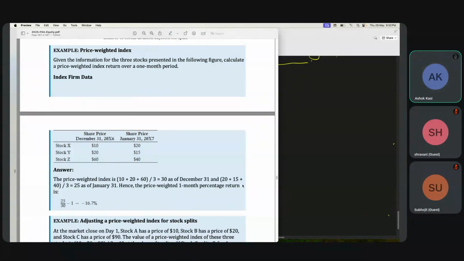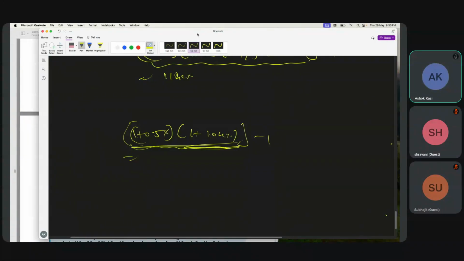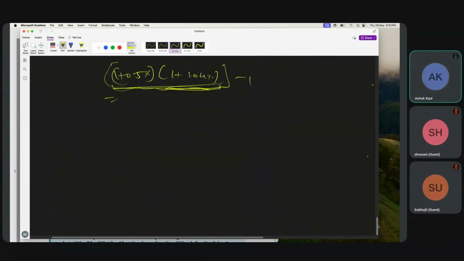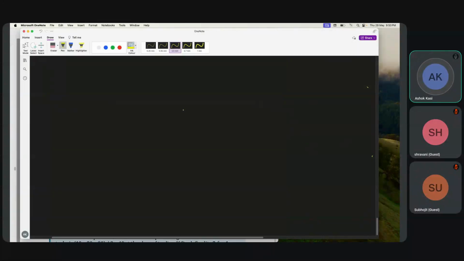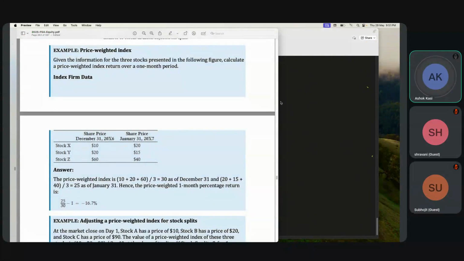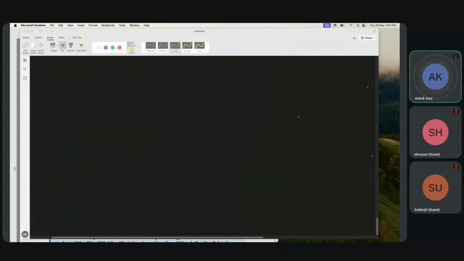Basically, how do we find out the index value? I'll stick to this one only, price. Our index, I'll tell you next time. Nifty is an index, Sensex is an index.